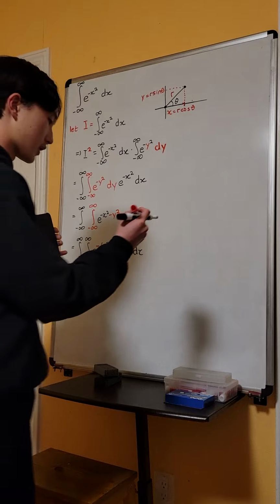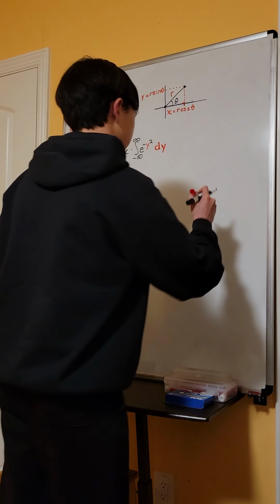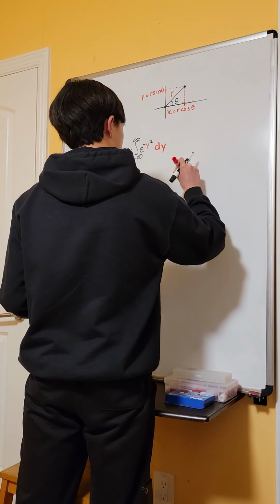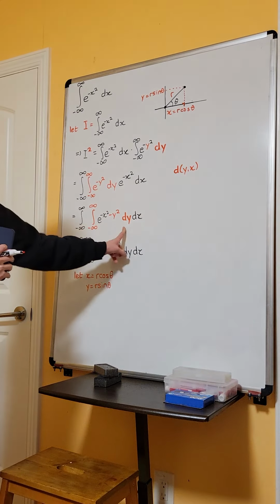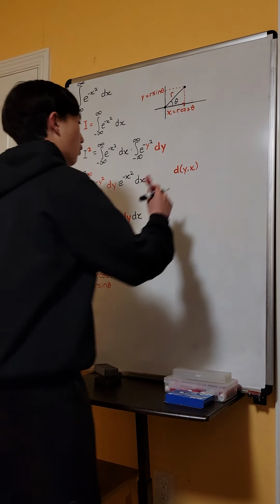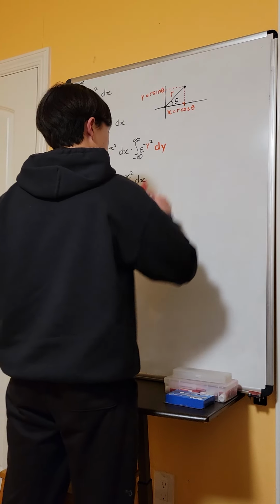Now, the way the Jacobian works is, we notate it as the derivative of yx, since we have dy dx, over, and this would be a partial, actually, because we're working with multiple independent variables.